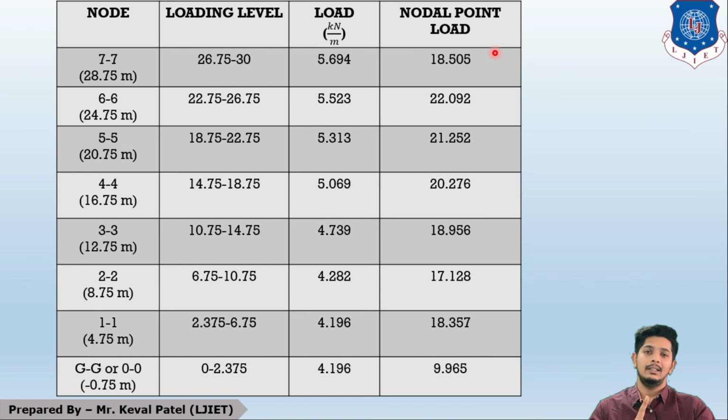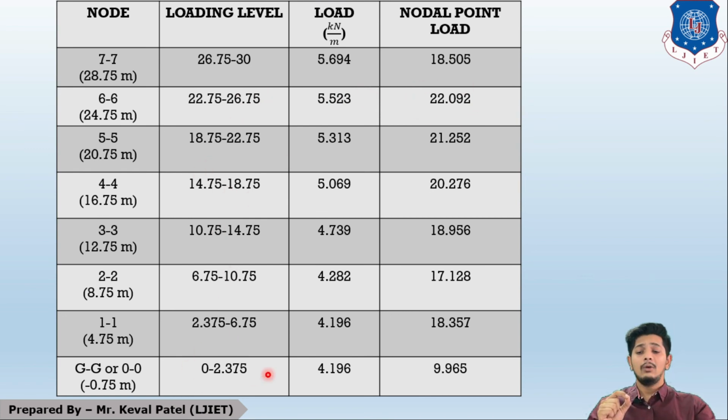I will multiply the load in kilonewton per meter by the height in meter, which is the loading level difference. The maximum loading level is 30 here and the minimum is 26.75. So the gap times the load will give me the nodal point load. Again, the gap times this will give me the nodal point load.